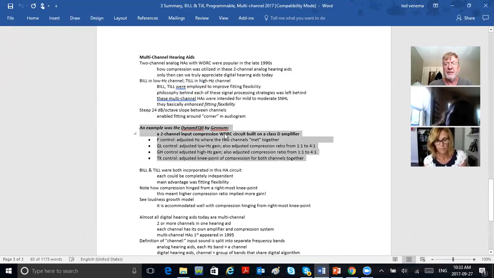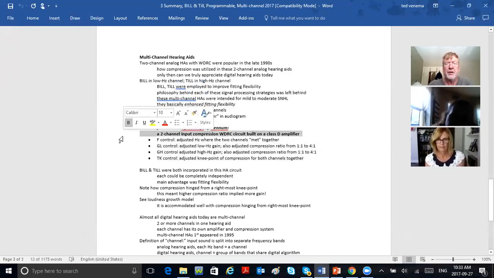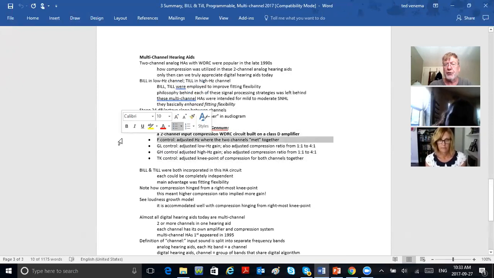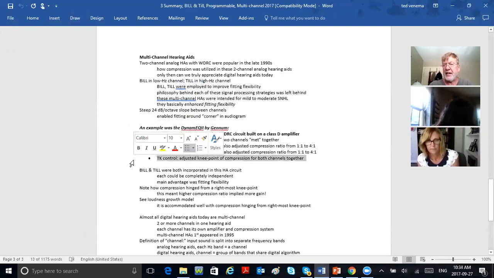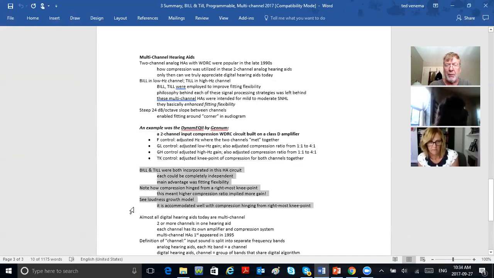You don't need that, this is just for your info. 2-channel input WDRC had a frequency crossover to adjust where the channels meet, gain of the lows, Bill, gain of the highs, Till, and a TK adjustment because it was WDRC.